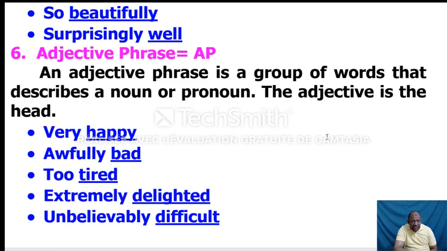An adjective phrase is a group of words, all the time a group of words, that describes a noun or a pronoun. I have said before that an adjective always has a link to a noun or a pronoun. Here are some examples.